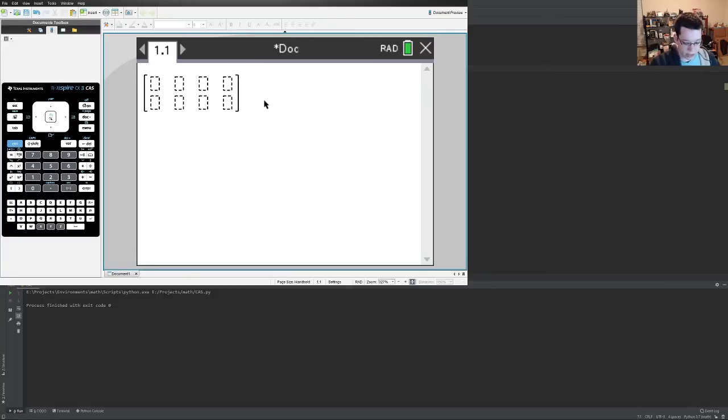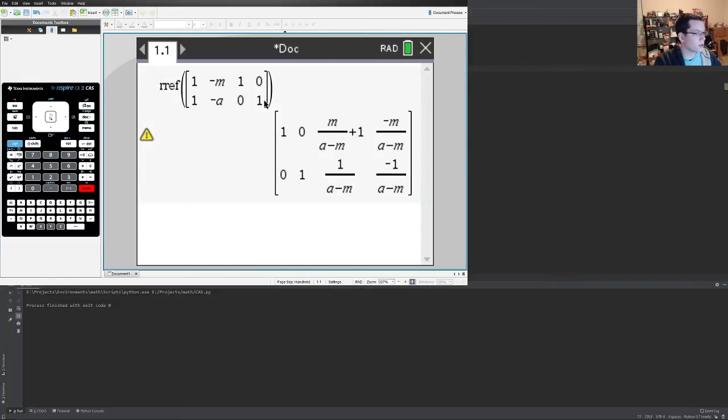So what we want here is to start with 1, negative M and 1, negative A, and to find the inverse, we want to end up with 1, 1, like that, right? So we're going to do RREF, row reduced echelon form, and it gives us this.